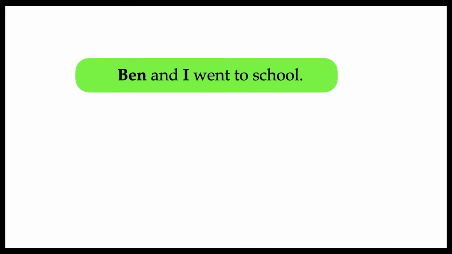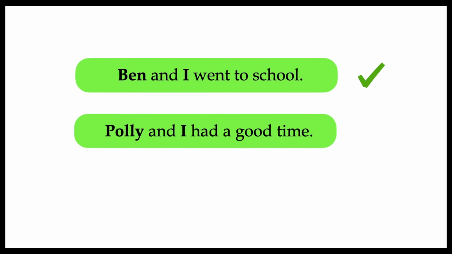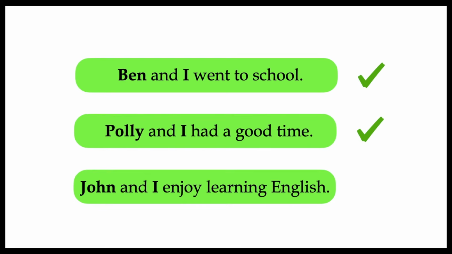Ben and I went to school. Polly and I had a good time. John and I enjoy learning English. As you can see in all of these examples, the pronoun I comes after the person's name.